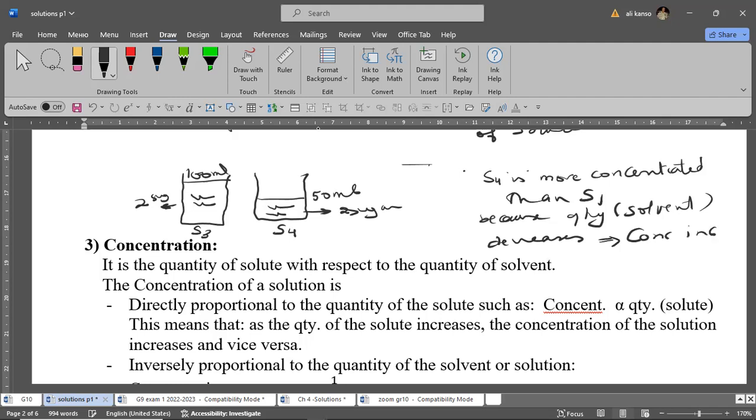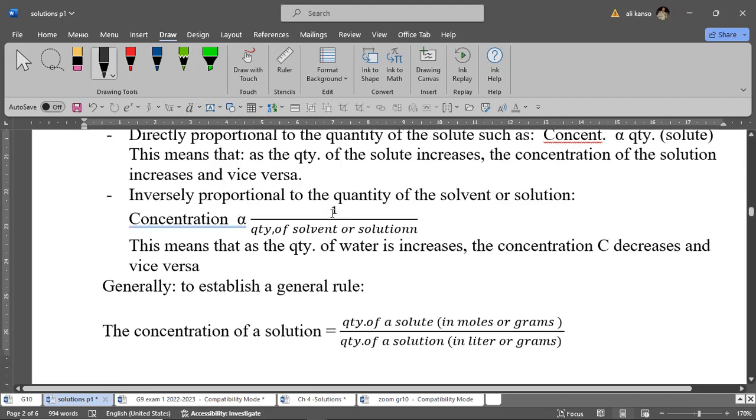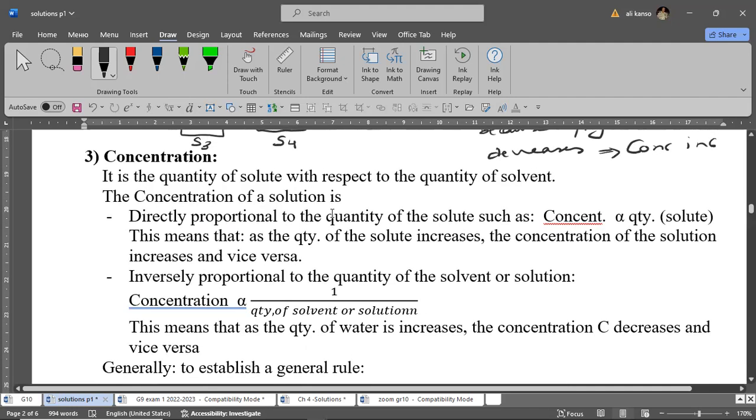So solution 4 will be sweeter than solution 3. Here we say, as the quantity of water decreases, concentration increases. If you have only a little quantity of water or tea, the taste will be sweeter, of course.